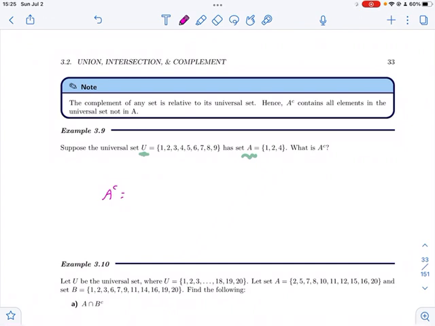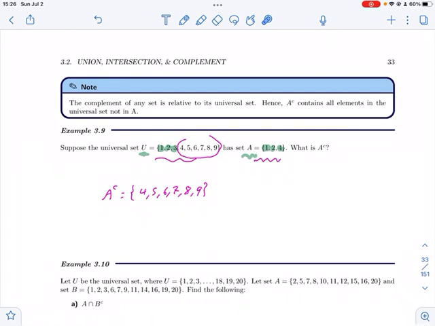So A needs the elements 4, 5, 6, 7, 8, and 9 to complete the universal set, to be the same size as the universal set. So we write 4, 5, 6, 7, 8, and 9. This is the complement, what the set A needs to be equal to the universal set: the elements that do not belong to the set A but belong to the set U.